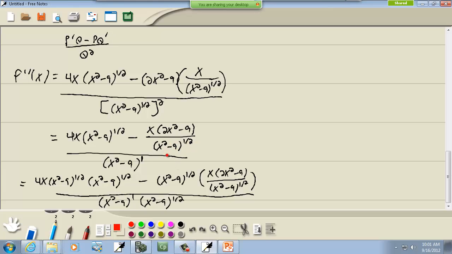Okay, we're multiplying everything by the LCM of all our inner denominators. This is our only inner denominator, the x squared minus 9 to the 1/2. When we do that, those are going to cancel.